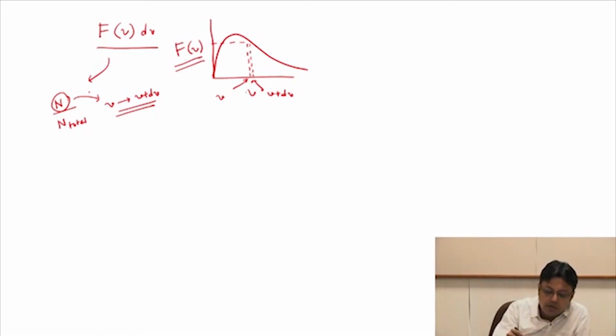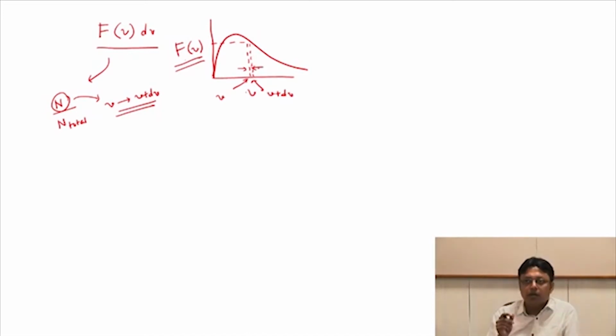So you always talk about a particular width in the distribution, and once you integrate this curve, you take various positions of v, and for every v you calculate the area element if I go from v to v plus dv.